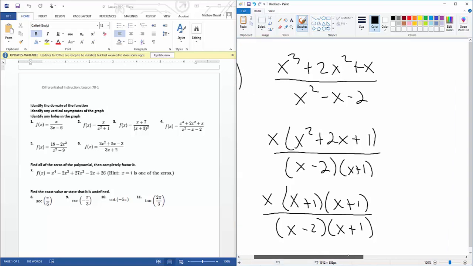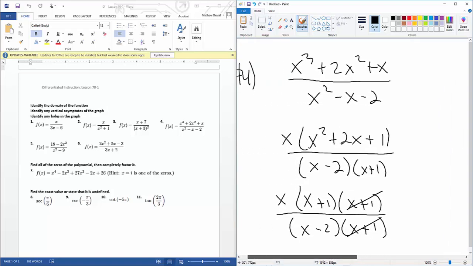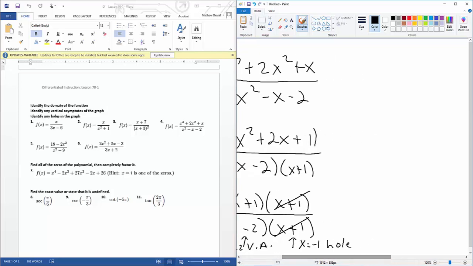So now, reducing this, the x plus 1's cancel out. So immediately, I know that at x equals -1, that should be a hole. This other piece here, at 2, that's a vertical asymptote. My domain, I still can't have a -1 or a +2.